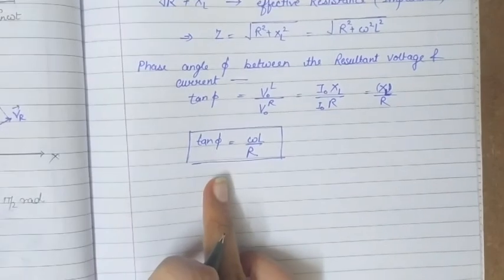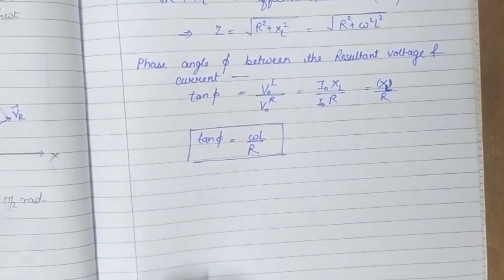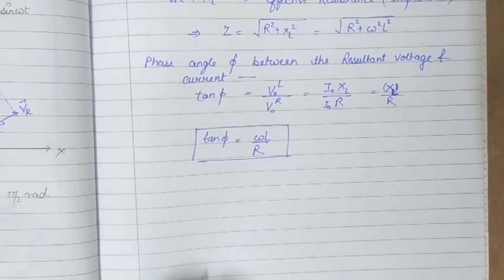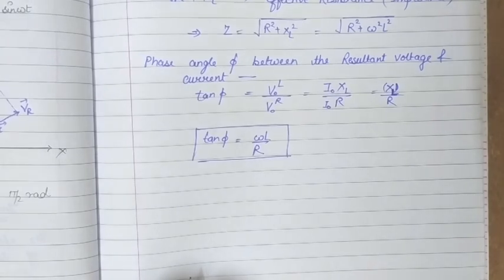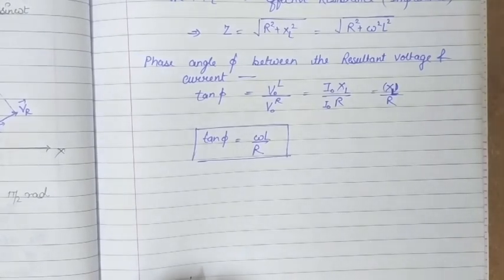So by this value we can give the direction of phi, means we can find the phase angle and we can give the angle at which the resultant is inclined to the current.